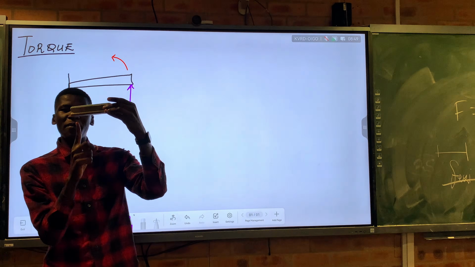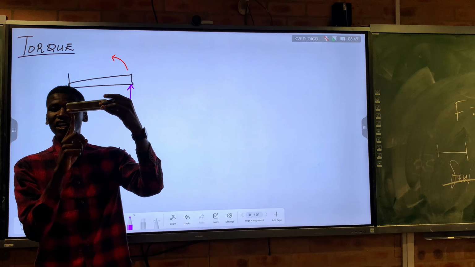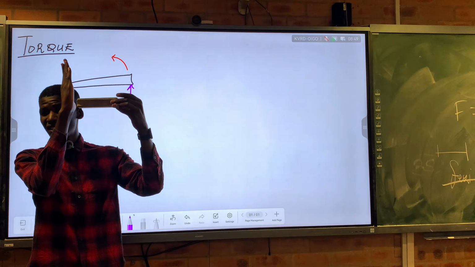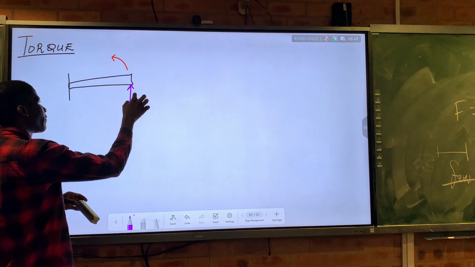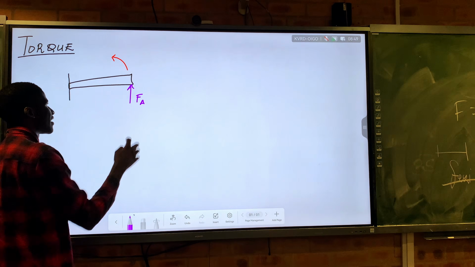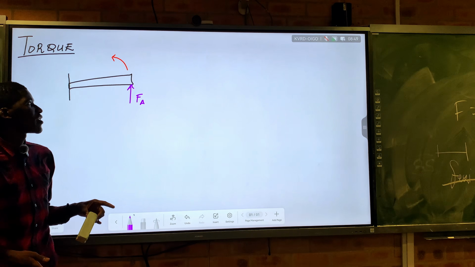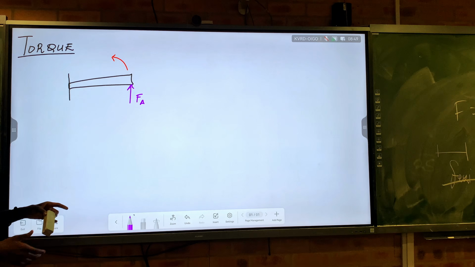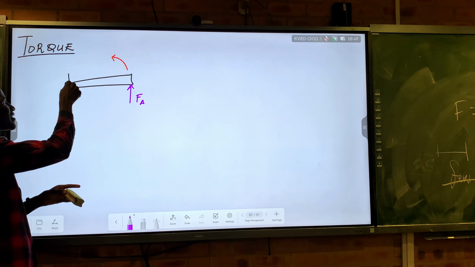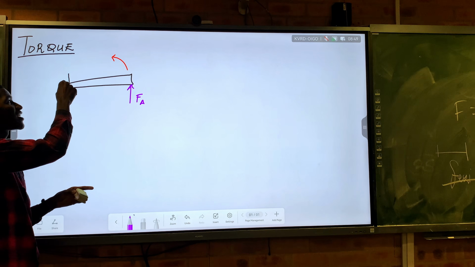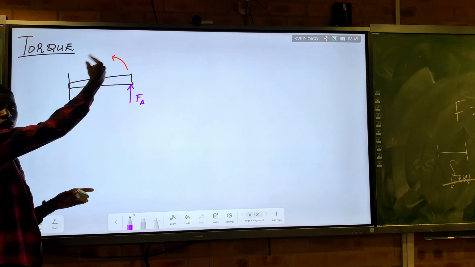For example, I'm applying the force here. It is an upward force. So this is the force that I'm applying to the duster. As I'm applying this force while I'm fixing it at a certain point, because the point is literally fixed, that is actually what's causing the duster to do what? To rotate.